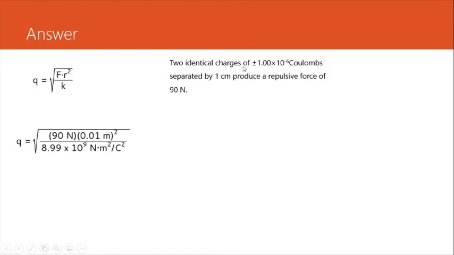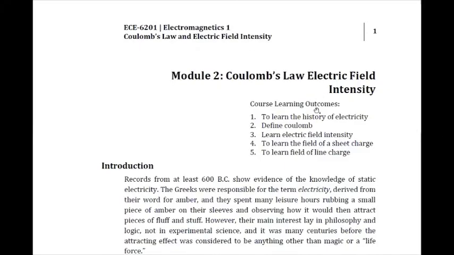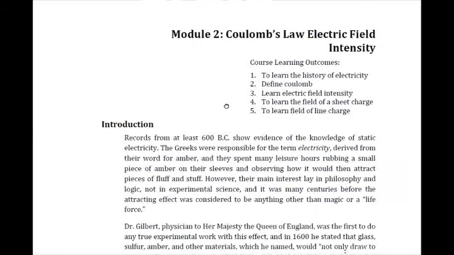Since there are two identical charges, we have positive and negative: 1 times 10 to the negative 6 coulombs, or plus or minus 1 microcoulomb, separated by 1 centimeter, that produce a repulsive force of 90 newtons. Okay, that is the outcome, already done.